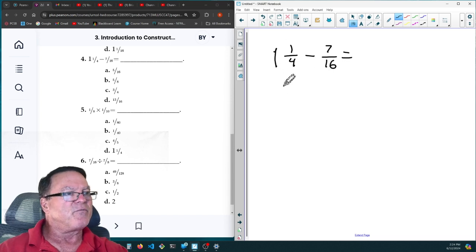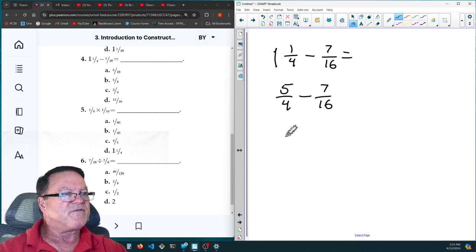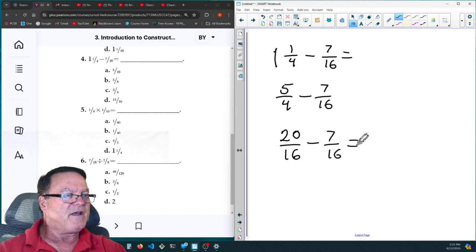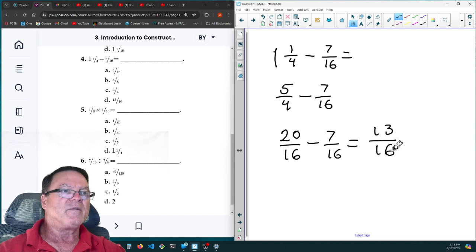I'm going to change this to an improper fraction. 5/4 minus 7/16. And then I'm going to multiply 5/4 times 4 over 4. And I'm going to get 20/16 minus 7/16. And that will equal 13/16. There we go. D, 13/16.